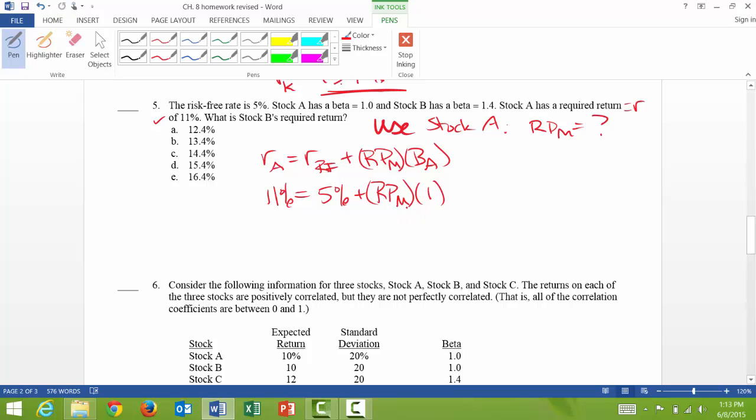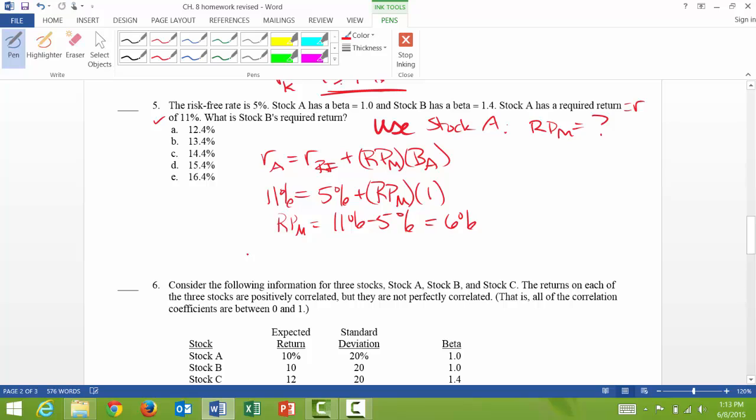So since this is multiplied times 1, I know that the market risk premium is equal to 11% minus 5. And so we would get that the market risk premium is equal to 6%.